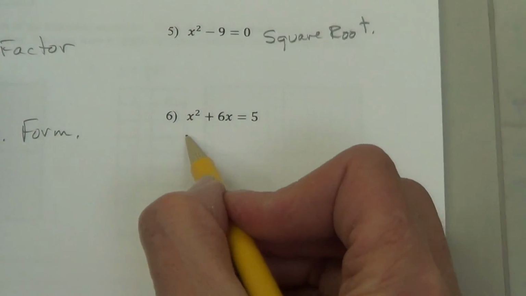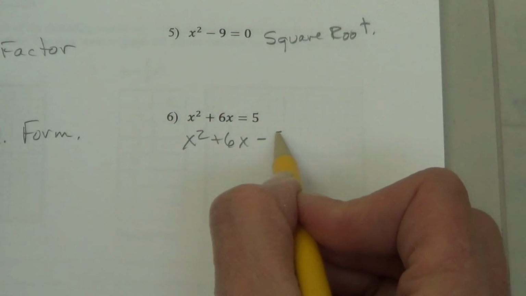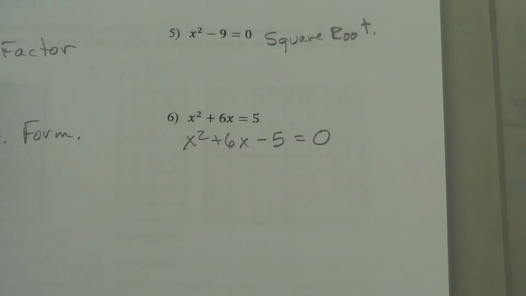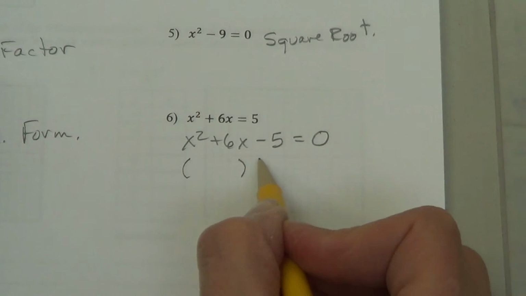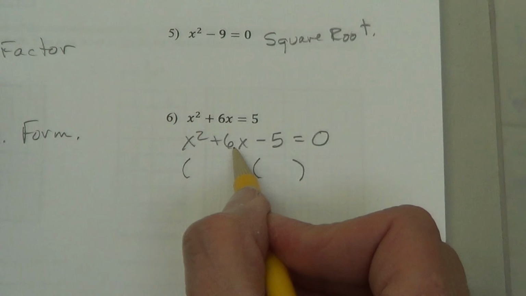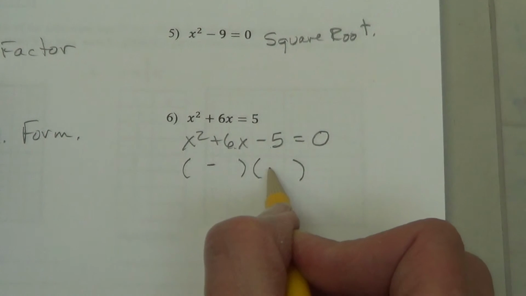The next one, x squared plus 6x, always bring it over for a trinomial, minus 5 equals 0. Well, can we think of two numbers that multiply to be negative 5 and subtract to be positive 6? The hard part is that they subtract to be positive 6. It's got to be a negative and a positive.